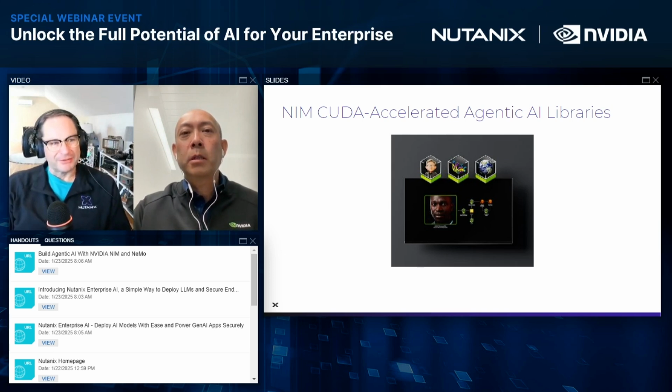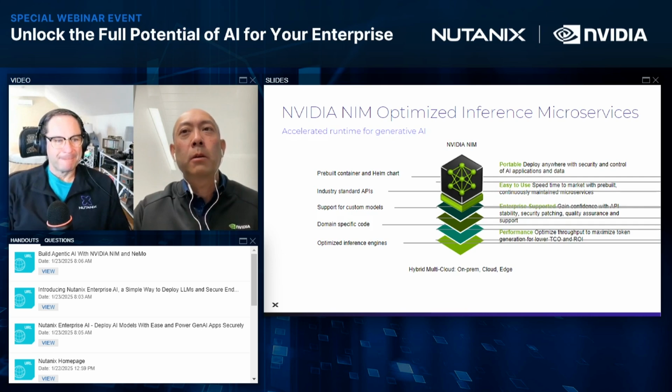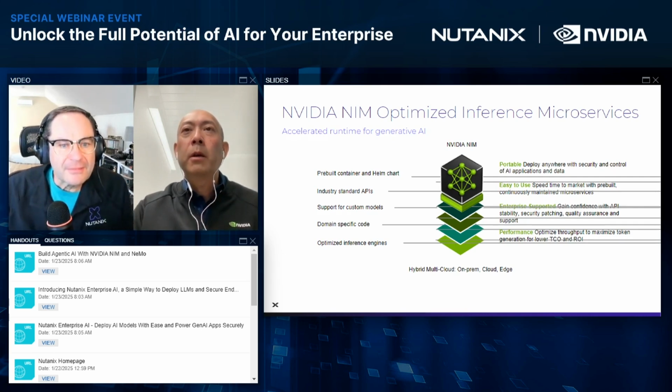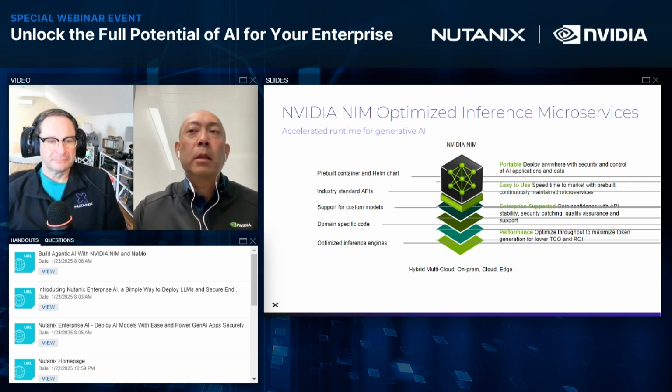That's a good segue to what NIMs are. Sorry, some of the formatting got messed up here. NIMs are optimized inference microservices, and it goes beyond just models. Essentially, they're pre-built containers and Helm charts that include a foundation model that connects with standard APIs, and there's support for custom models, or you could take any of the open source community models.